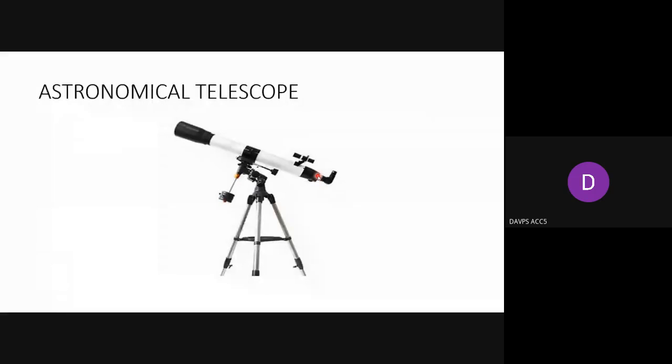What is the nature of those two lenses? The lens which is here must be of such a nature to collect the rays coming from infinite objects, objects at infinity. That means astronomical telescopes are used to see heavenly objects.